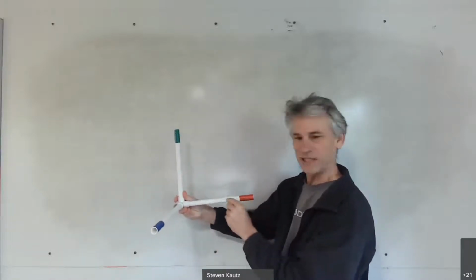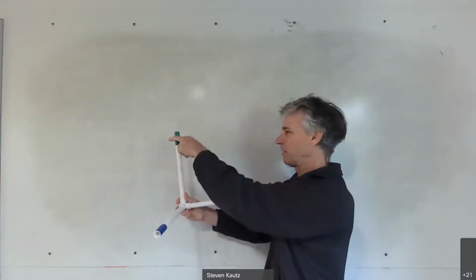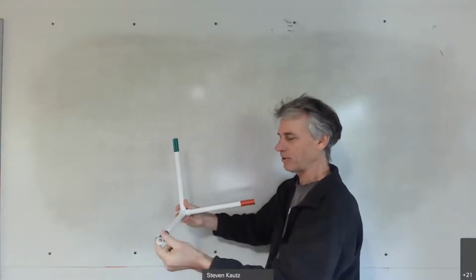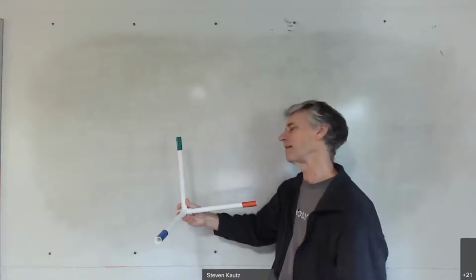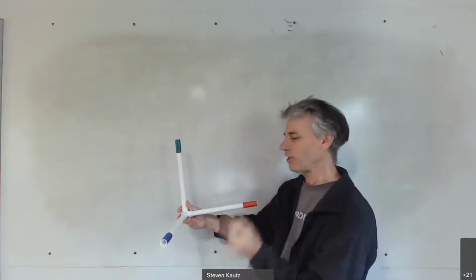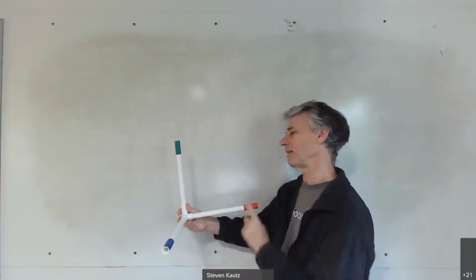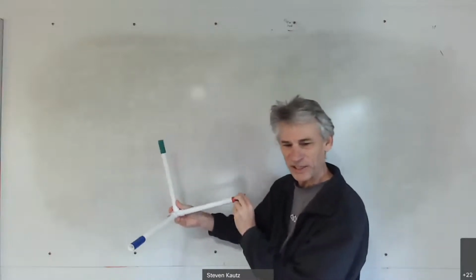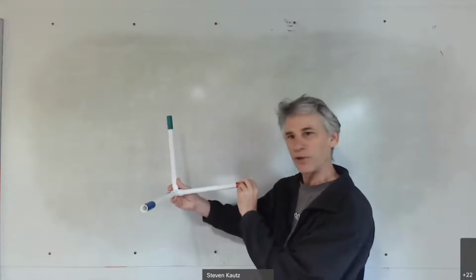And you can see we've got a green label on the Y, a red label on the X, a blue label on the Z, and the mnemonic is RGB corresponds to XYZ. So that's helpful once you get used to it, for keeping track of these things.